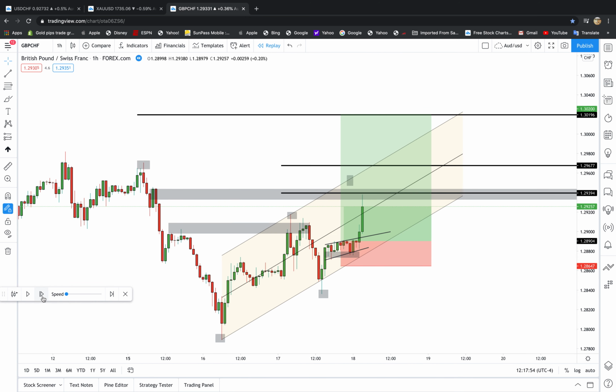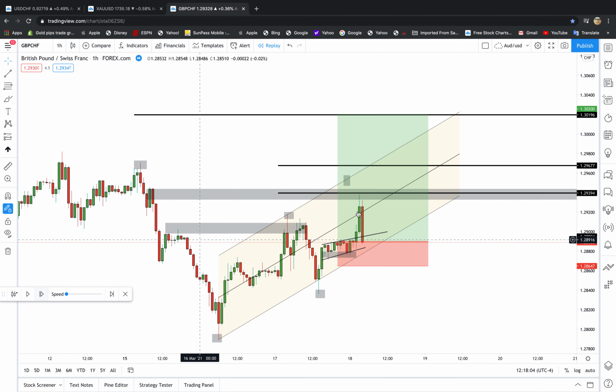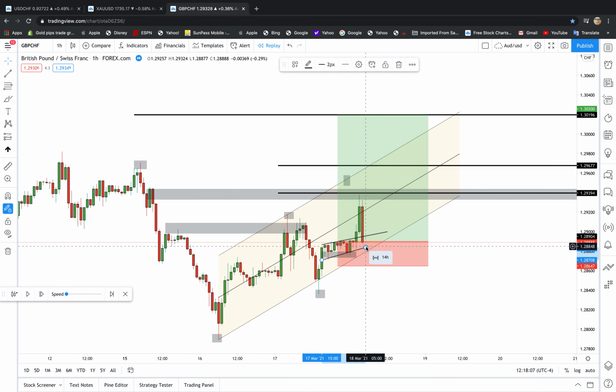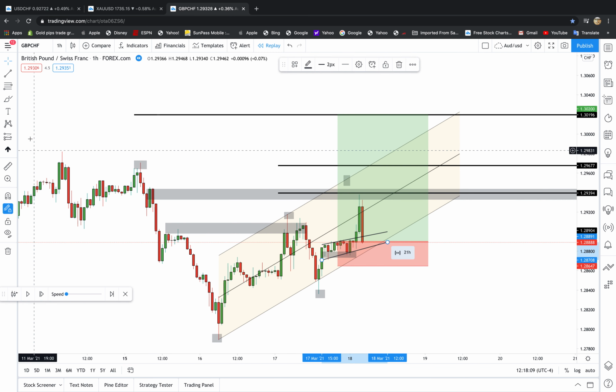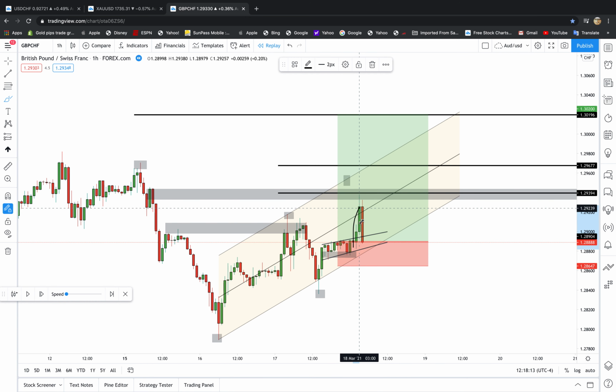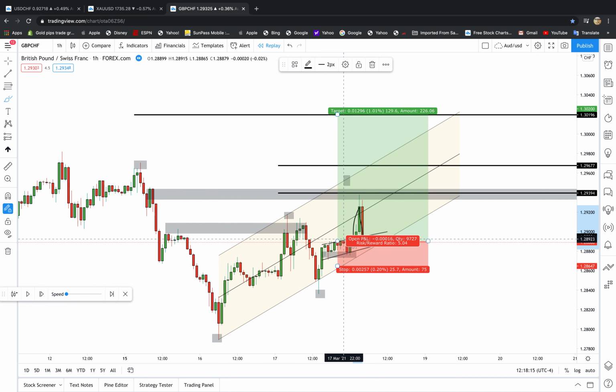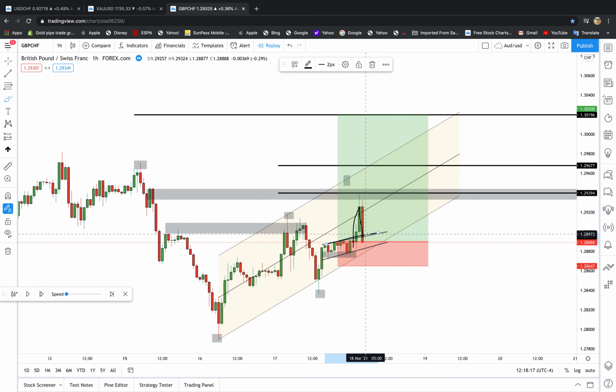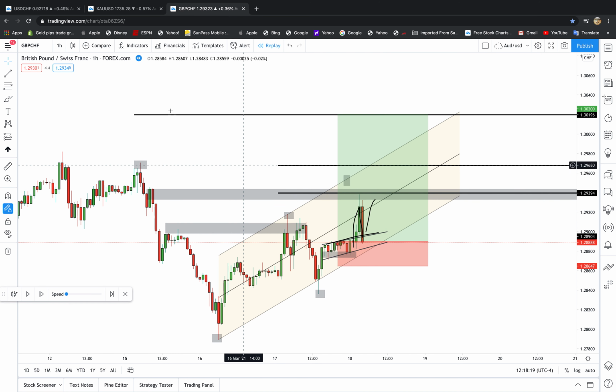And we're going. See, it immediately hits our first target, 29,394 area. Comes back down to our entry. You would have got stopped out, but when price breaks the consolidation and comes back down inside the consolidation or right on or tests that line, you already know you're going to explode back, right?